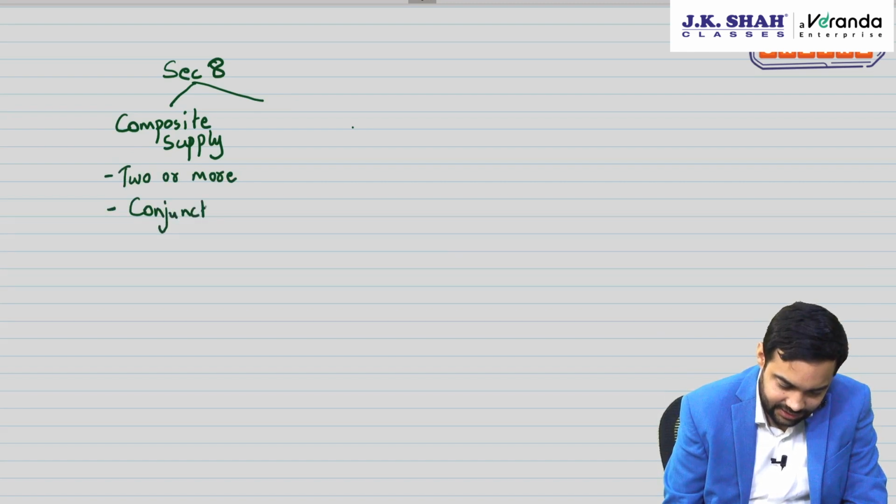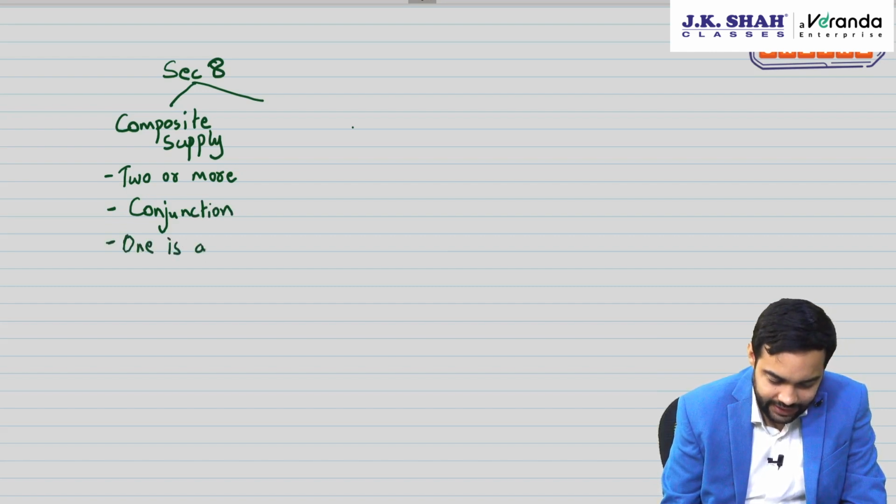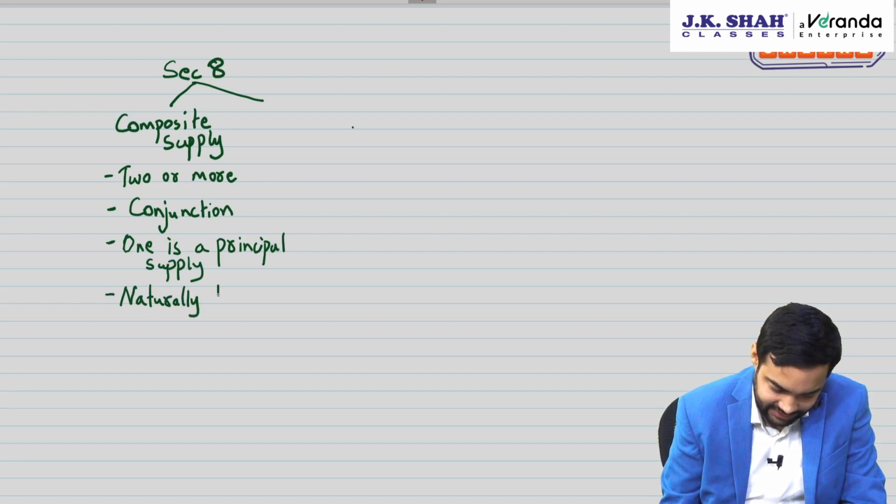Conjunction meaning being supplied together. 1 is a principal supply. You can identify that 1 is the main supply. And last one, it is naturally bundled in the ordinary course of business.